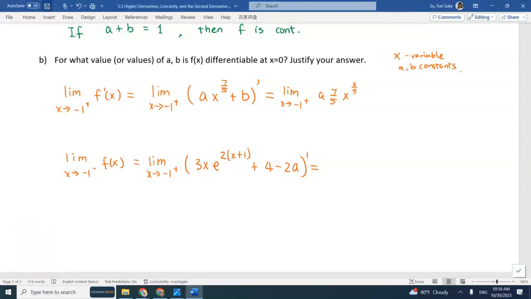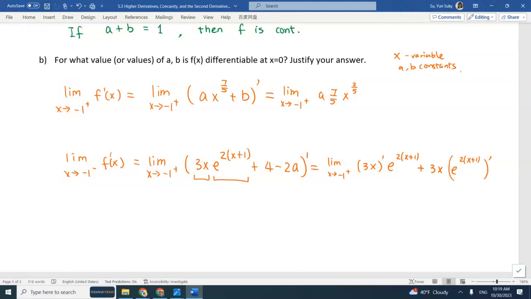Alright, so we continue. Look at the second part. We want to differentiate. Do you see this is something times something? A product, right? So what is the product rule? Yes. u'v + uv', so u is 3x, v is e^(2x+1), so (3x)' e^(2x+1) + 3x (e^(2x+1))'.